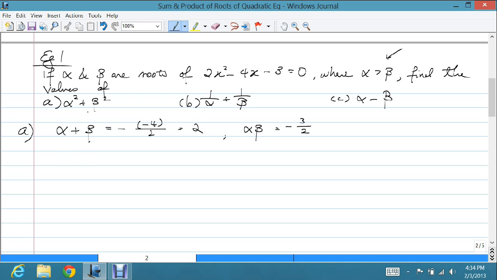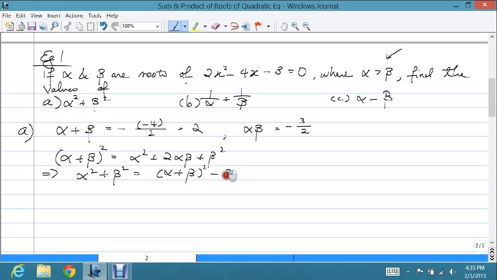First we note that alpha plus beta squared is equal to alpha squared plus 2 alpha beta plus beta squared. So from here we know that alpha squared plus beta squared is equal to alpha plus beta squared minus 2 alpha beta. I just brought one of the terms over to the left hand side.